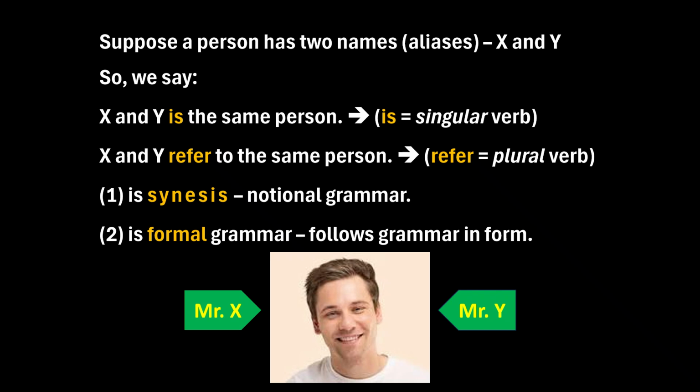And when you are saying X and Y refer to the same person, when you are using a plural verb, that is formal grammar. So X and Y is the same person is synesis. X and Y refer to the same person is formal grammar. Now we will explain exactly why we use is in the first case and why we use refer in the second case.